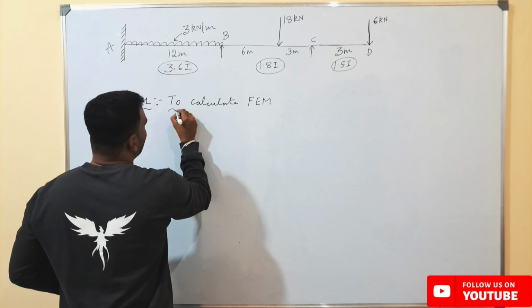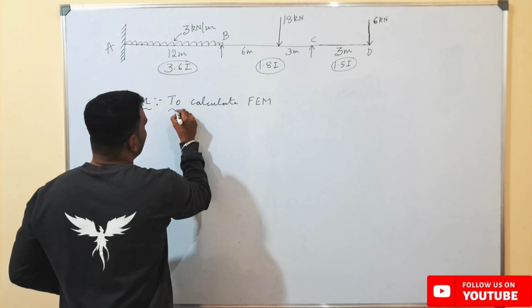This is point D, this is point C. Coming from left to right, it is negative. So the moment from C to D will be equal to, considering moment about this point, force multiplied by perpendicular distance, minus 6 into 3, which will be equal to minus 18 kilonewton meters.